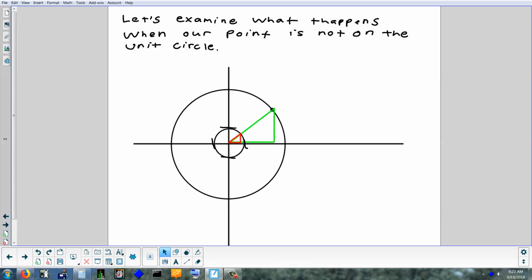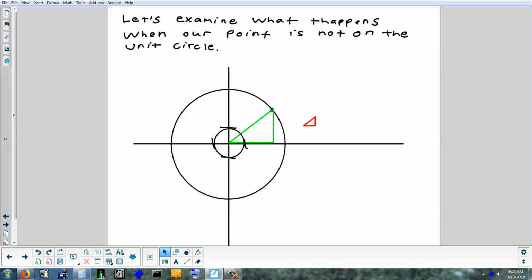The difference is, look at the radius of the green triangle. It's not 1. Okay, it's bigger than 1. So the goal is to basically figure out how we can make this problem using the red triangle. Okay, we don't want to use the green triangle. Right, that's on a bigger circle.